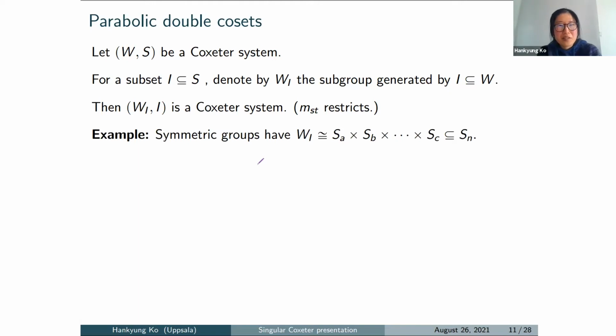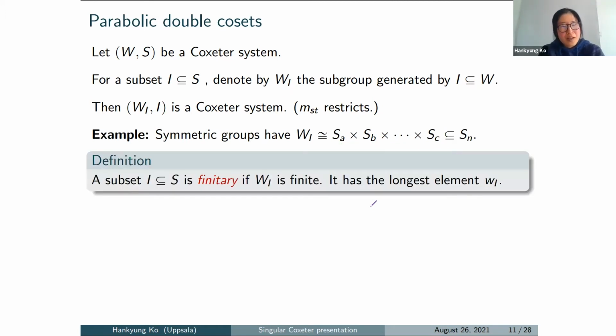And for example, if W was a symmetric group S_n, then any parabolic subgroup, so these are called parabolic subgroups, has the form of a product of small symmetric groups.